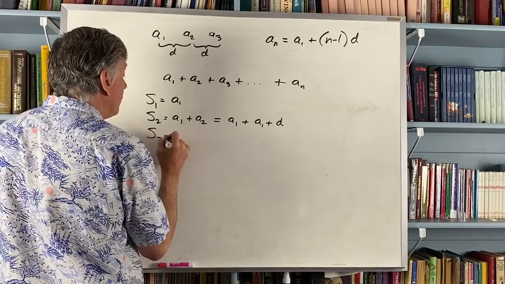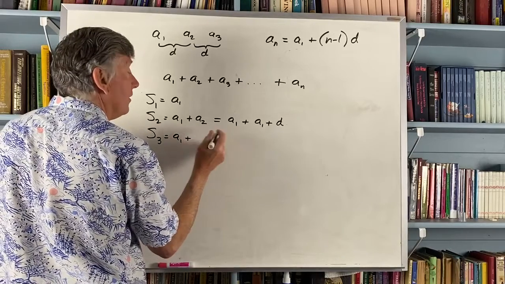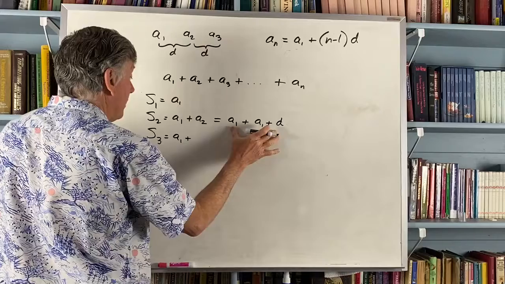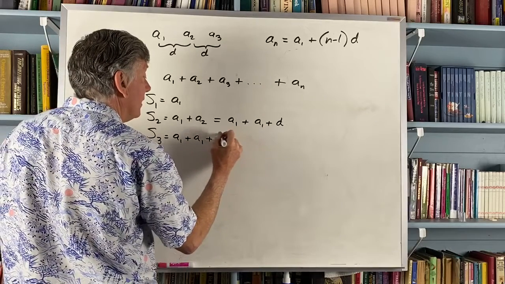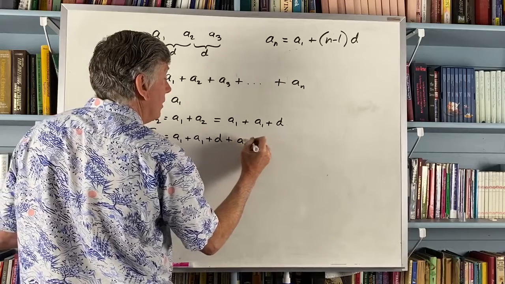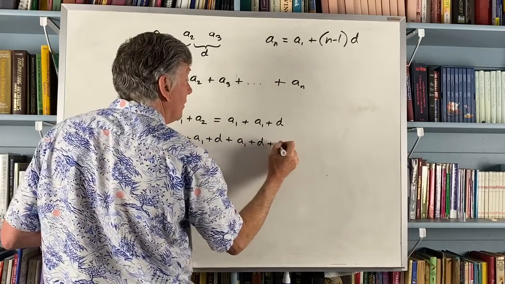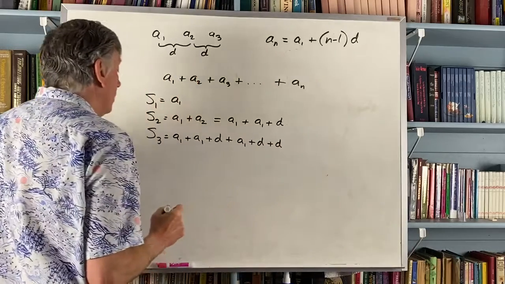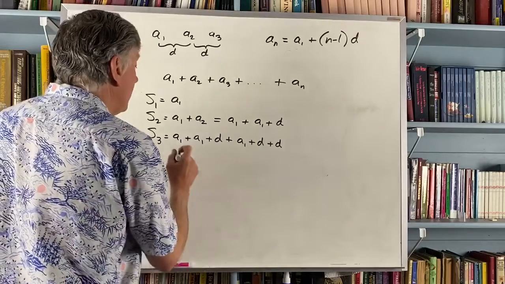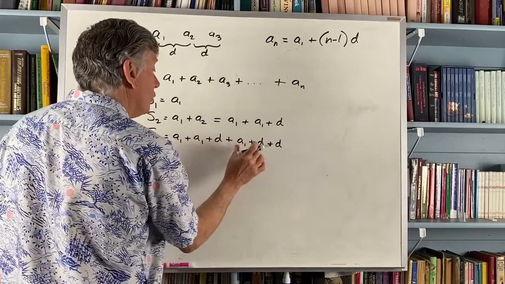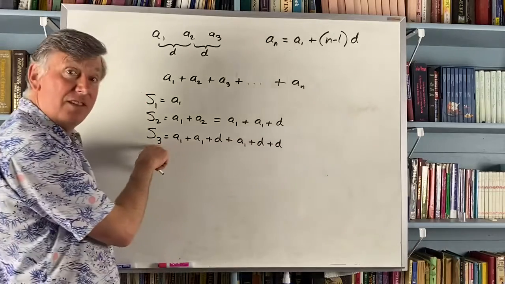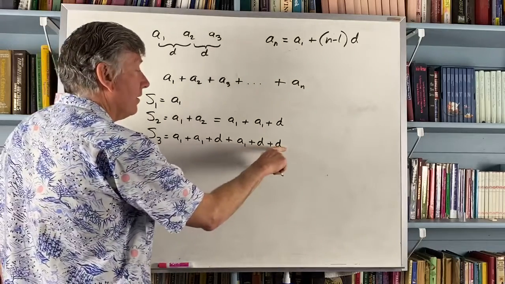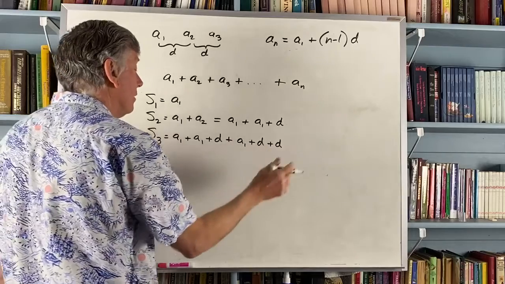S3 is going to be a1 plus basically S2, but then I'm going to add another one, a1 plus d plus d. So in each case, I'm going to be adding one less than this number times the number of d's.